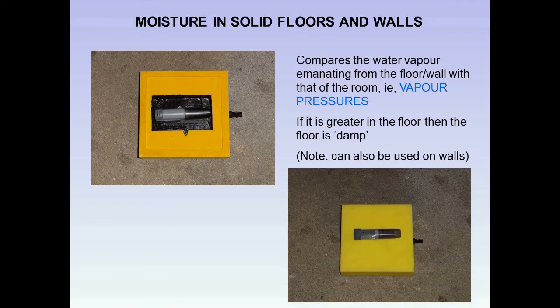And indeed, once this is on the floor as a closed hygrometer box with a data logger on top, if the vapour pressure is greater in the floor, i.e. where it's trapped under the box, then the floor is damp. That is greater than what's in the room. It's quite a good method of checking floors.